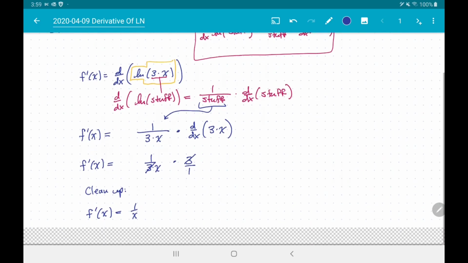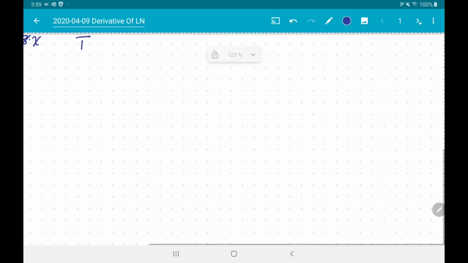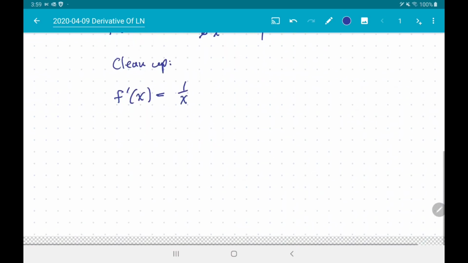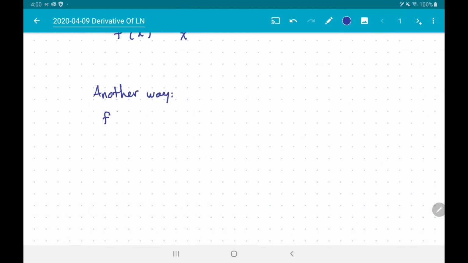Now let me show you another way to do this problem. Okay, here we go. Another way. I'm going to return to f of x, and this time I'm going to take it apart. So this is an algebra step. There's no derivative yet.